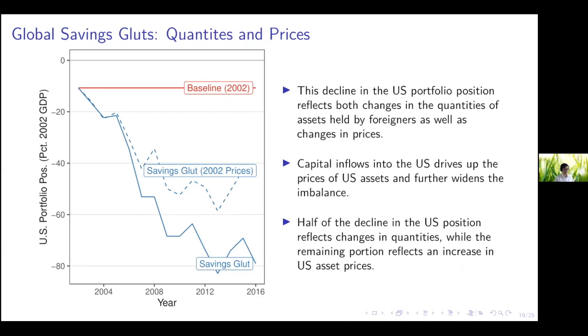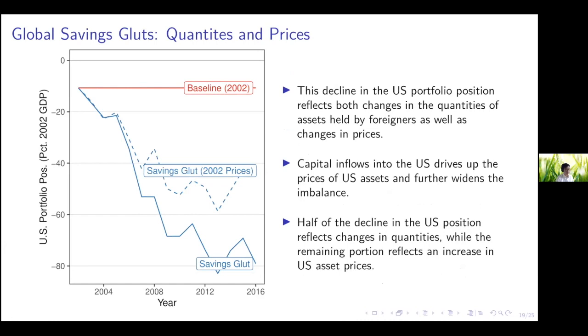Now, I mentioned this to Pierre-Olivier a little bit earlier, and I want to come back to it: within this framework, prices and quantities are endogenous outcomes. So this decline in the US portfolio position that we're showing you right now reflects the total changes both in the quantity of assets held by foreigners, as well as the necessary changes in price required to clear financial markets.